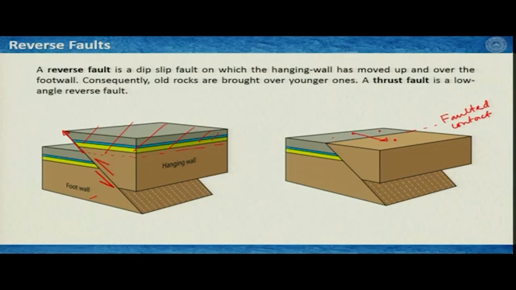Interestingly, if you drill here, you make a borehole, you figure out that you have first older rock and then you arrive at a younger rock here or here. So, that is the characteristic of reverse faults, that it brings older rocks over the younger rocks.